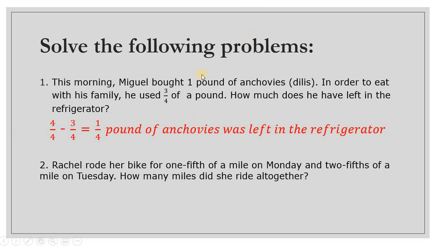So, since ito ay whole number si 1, kailangan gawin din natin siyang fraction, diba? Para mai-subtract natin yung 3/4 sa kanya. So, paano natin siya gagawing fraction, yung whole number? Kung ano lang yung denominator natin, yun lang din, imumultiply natin siya doon sa whole number.